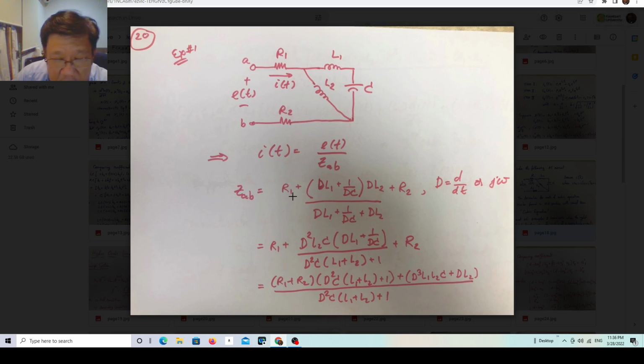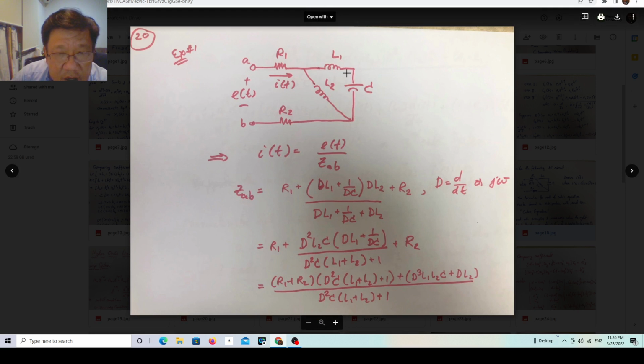when you have a resistor connected in series, you just add it up together. Plus this two, which we call the parallel, connected in parallel. But the one part has two electrical elements connected in series, which is this one.